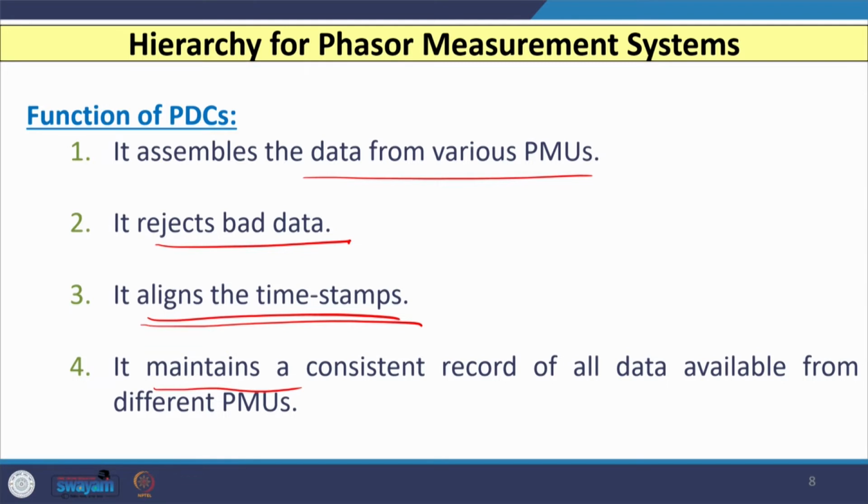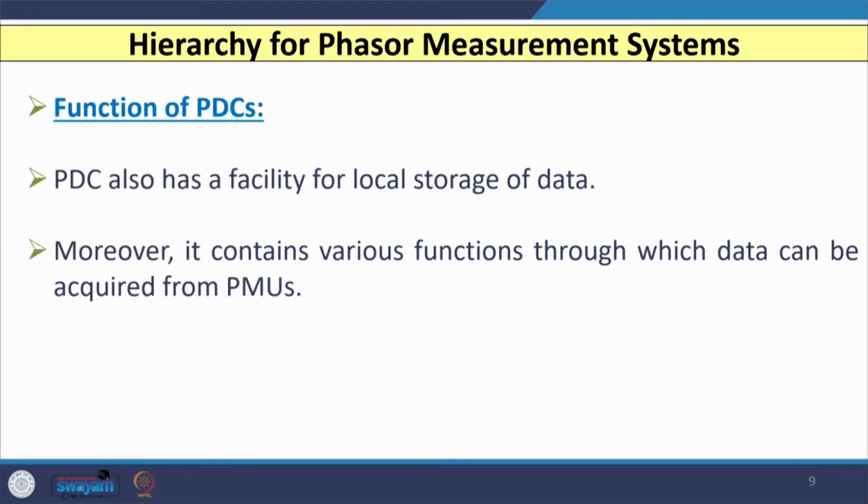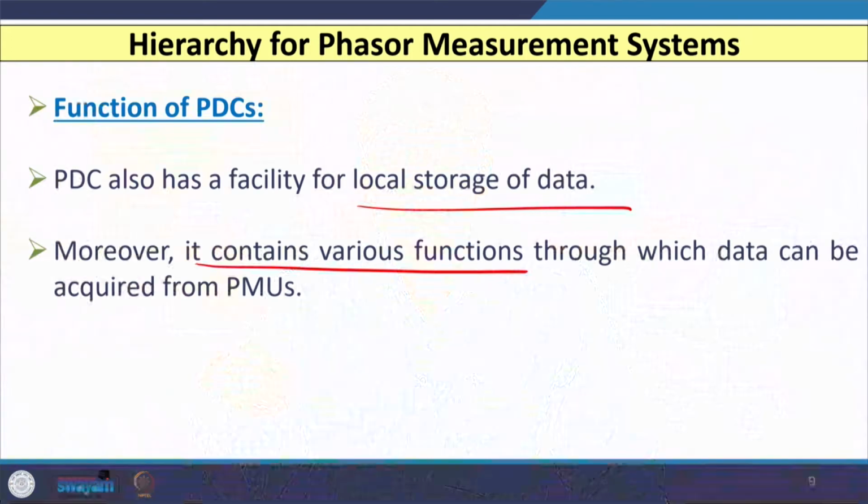So, this is also done by the PDC. Moreover, the PDC also has a facility for some local data storage. So, some important data can also be stored by the PDC, and along with that it also contains various functions through which data can be acquired from the PMUs.